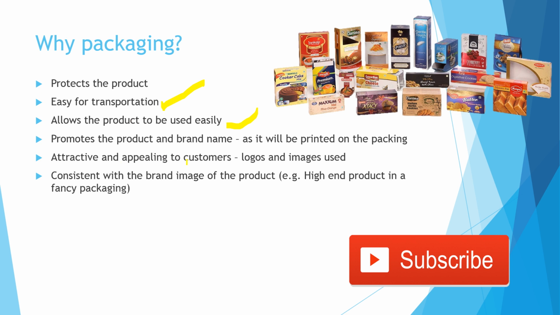It attracts and appeals to customers, with logos and images. Can you see these products? They are very appealing, especially this one that pulls down. Because of this appeal to customers, that's why businesses use different techniques when packaging to get customers' attention, so they buy their products.